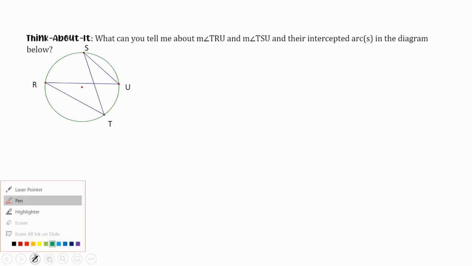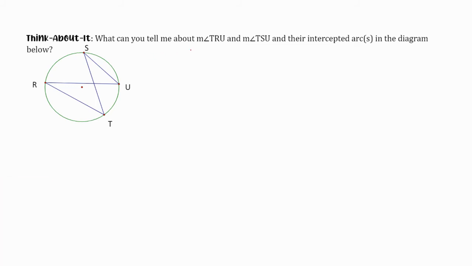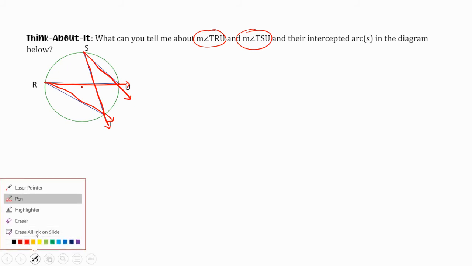Well, let's take it even a step further and let's think about this one. What can you tell me about the measure of angle TRU, okay, that's inscribed, and TSU, also inscribed, and their intercepted arc? Wait a minute.